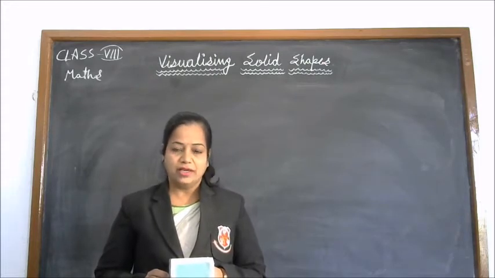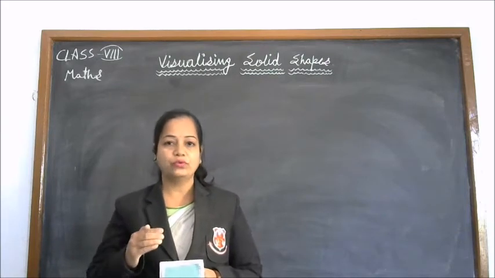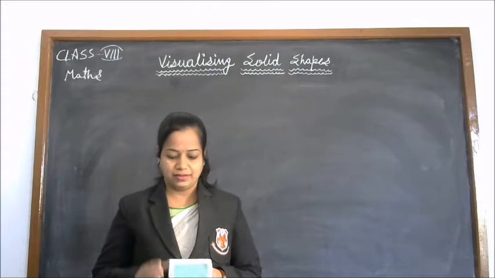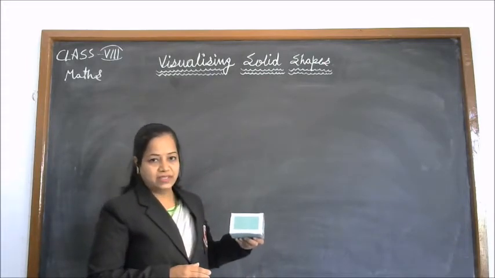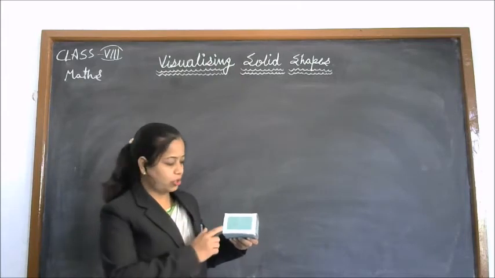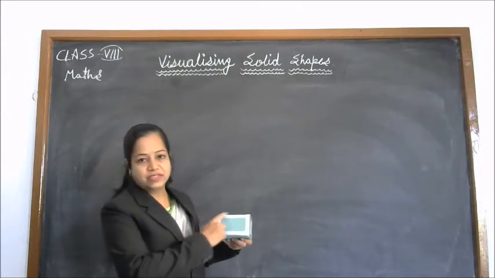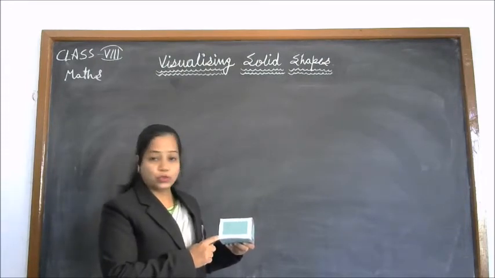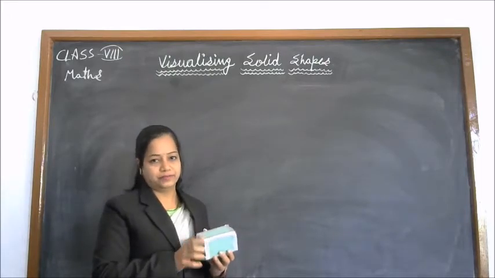Means if we look at this solid from the top view, how does this solid look? See, if we see this from the top, we can see this face, and this face is rectangular. Means the top view of a cuboid is a rectangle.